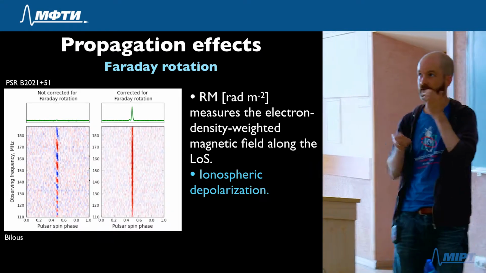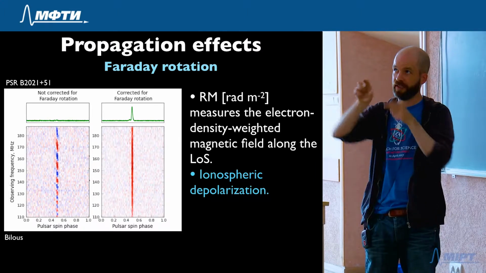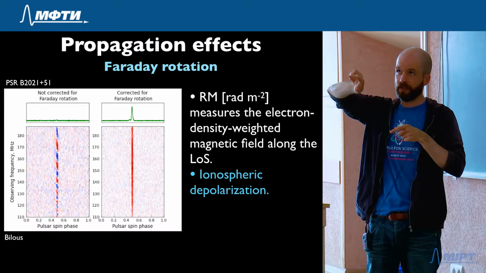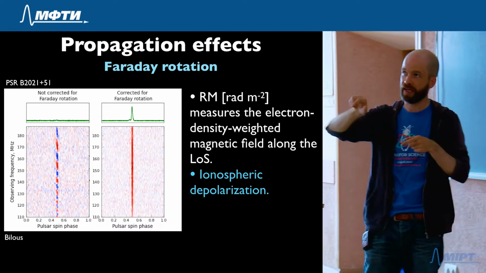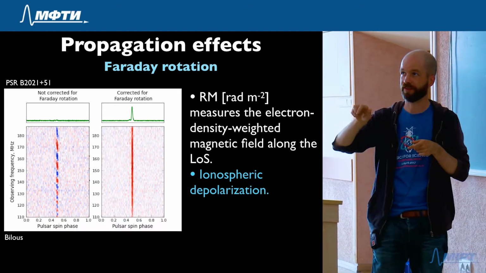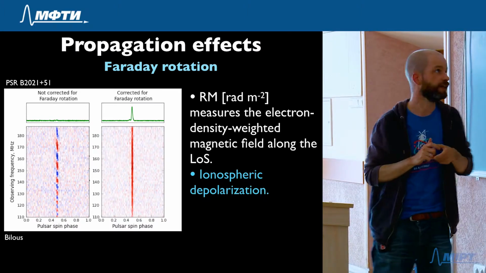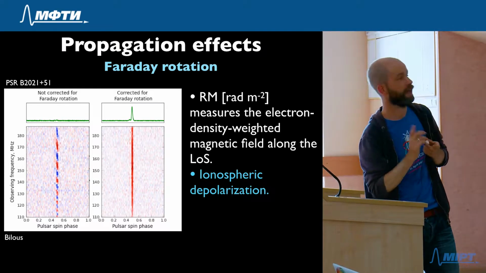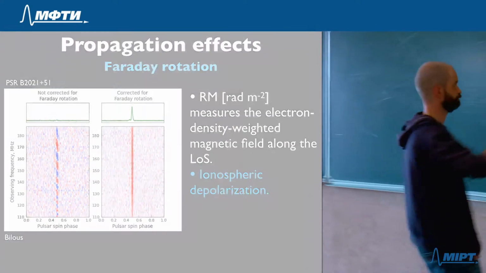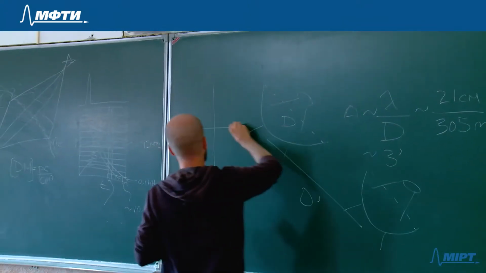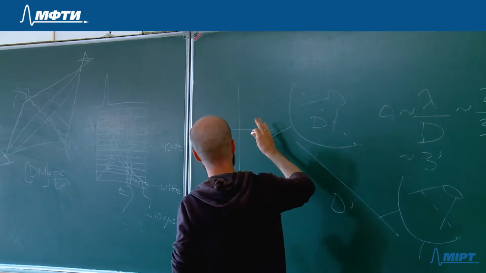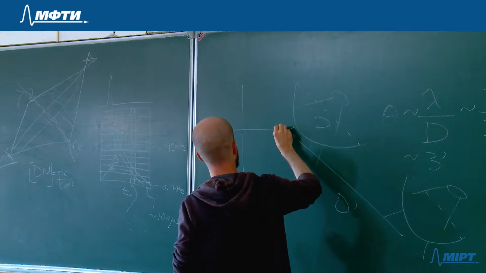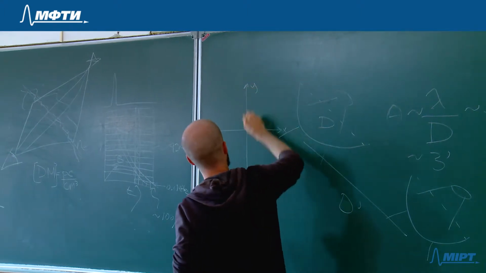And what happens if you have a magnetic field along the line of sight, the polarization hand that is propagating in the same direction of the magnetic field is actually advancing more rapidly than the one that is pointed in the opposite direction of the magnetic field. And what this creates is, if you think of a linearly polarized signal, so these are just axes, well, this is just a Cartesian axis, I guess we'll say.